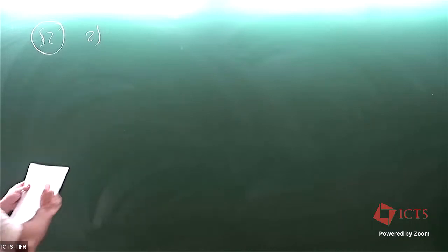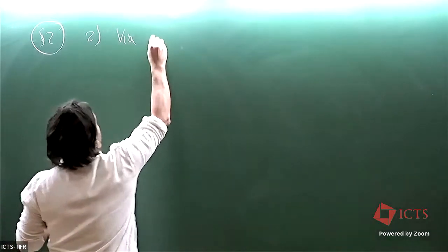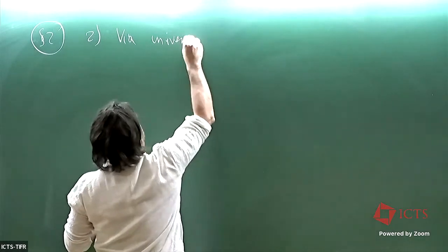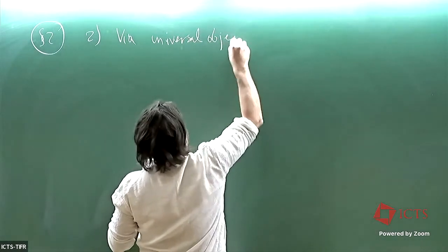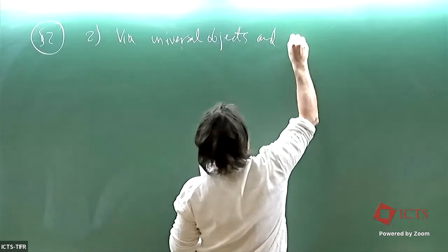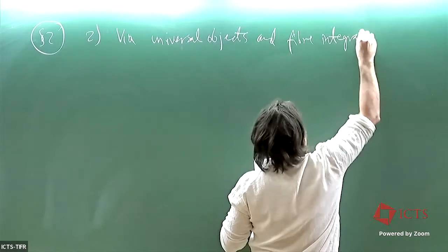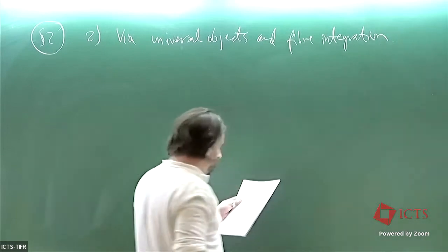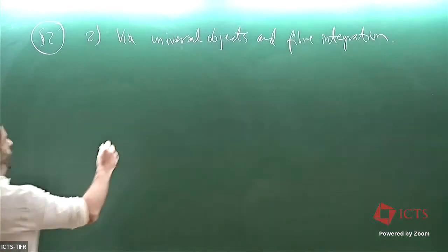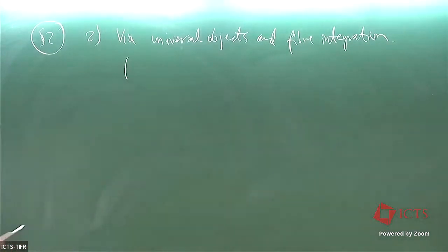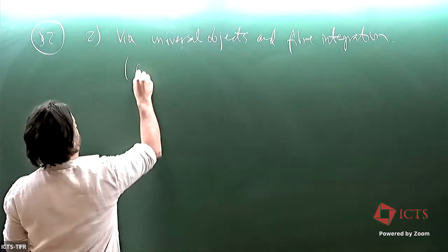space of vortices. Okay, so another viewpoint is to go via universal objects and fiber integration. Okay, so universal objects are, there's going to be something that I will call a universal connection.